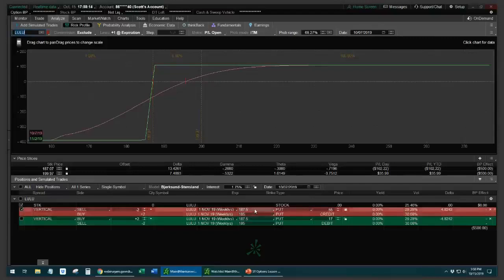I don't want the stock to go below 187.50. I don't have unlimited funds, so I bought protection or insurance $2.50 below. So there's our 187.50 right down here. That's where I don't want the stock to go because I lose all my money.